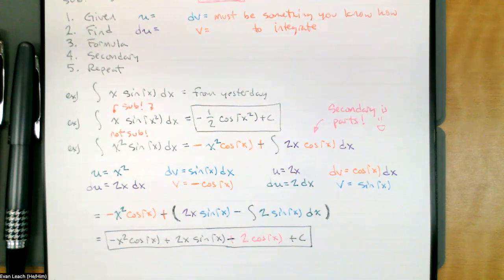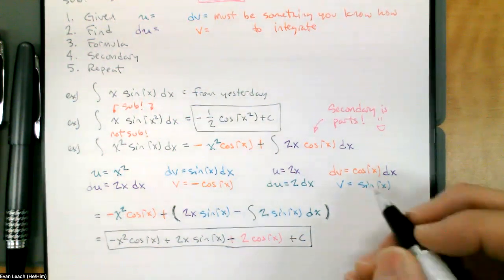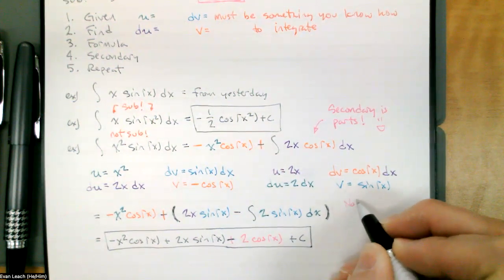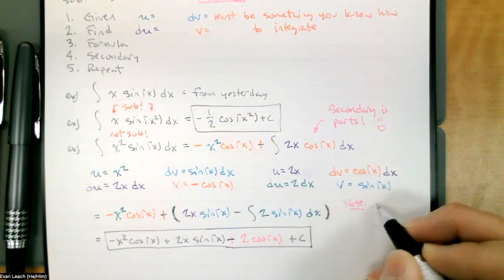But since we're doing parts, the secondary integral can be done by parts again. So note, we didn't have to.